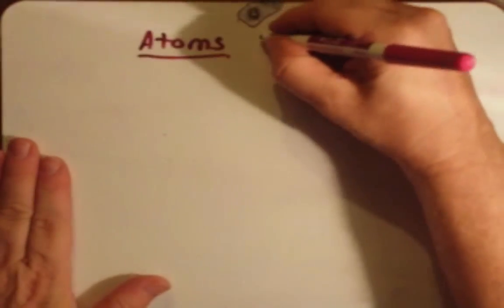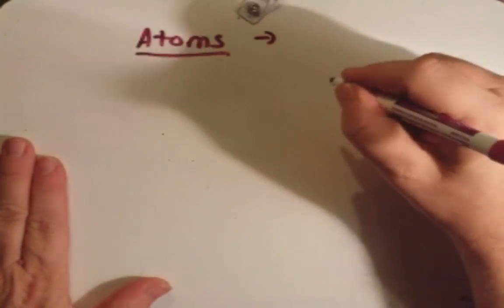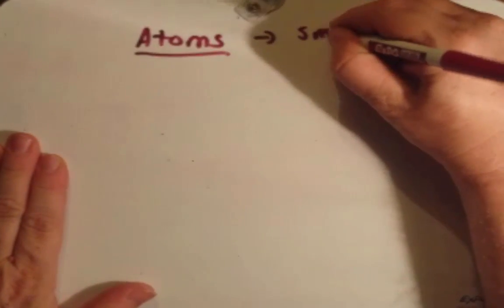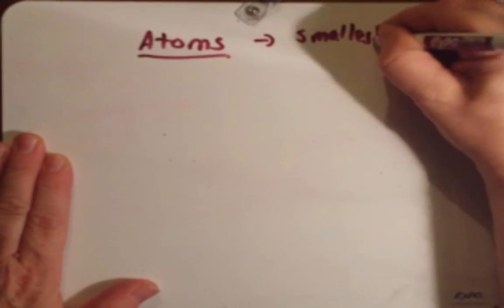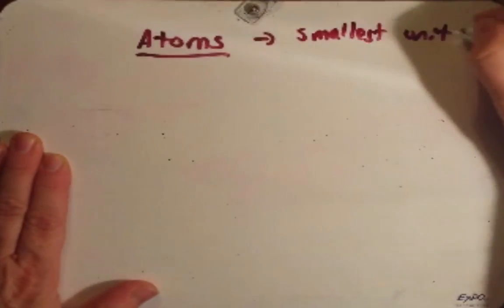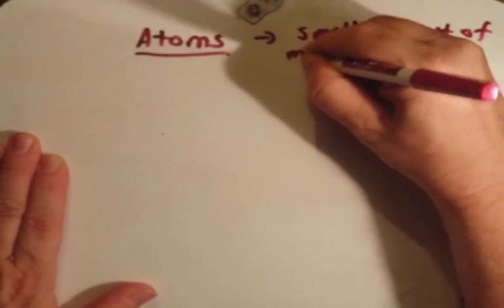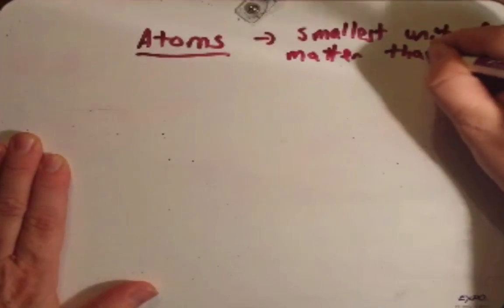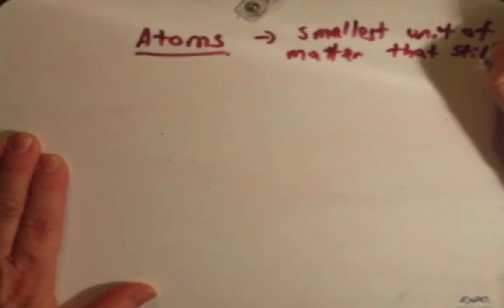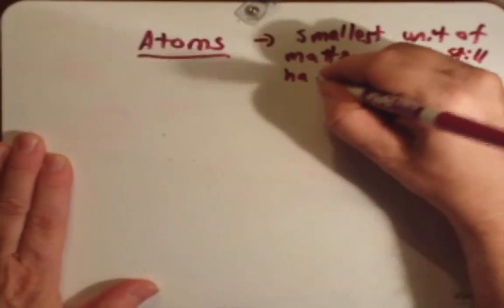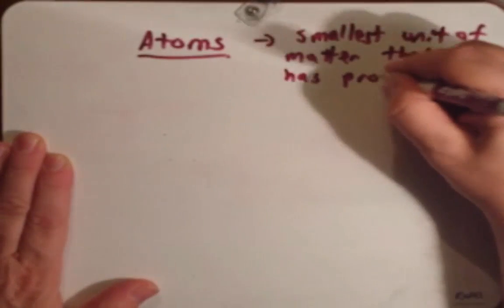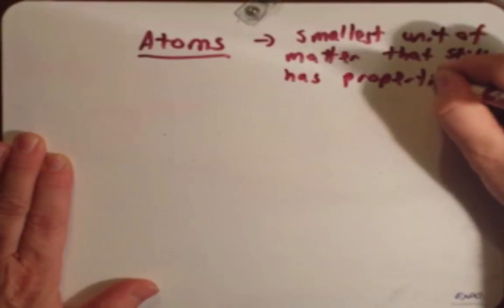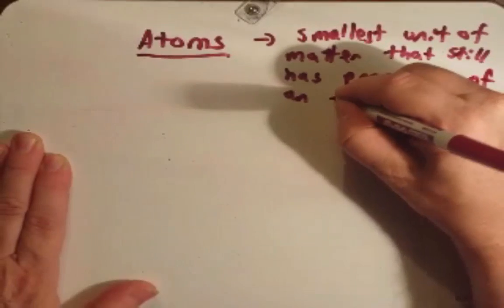Now we can think of an atom, just as a brief definition, as the smallest unit of matter that still has properties of an element.